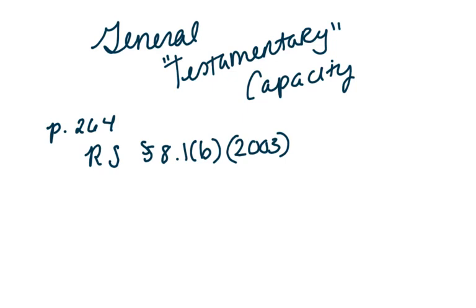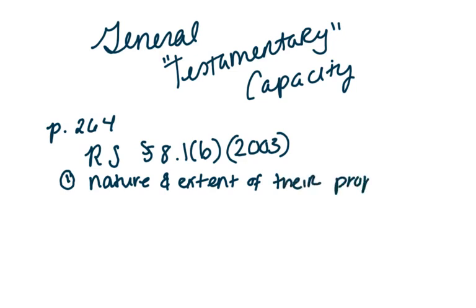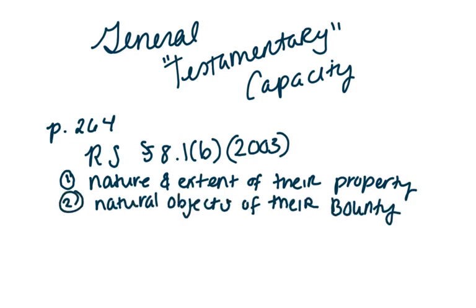For the first part, the testator must be capable of knowing and understanding in a general way the nature and extent of their property. The second element is that the testator must be capable of knowing and understanding in a general way the natural objects of their bounty.